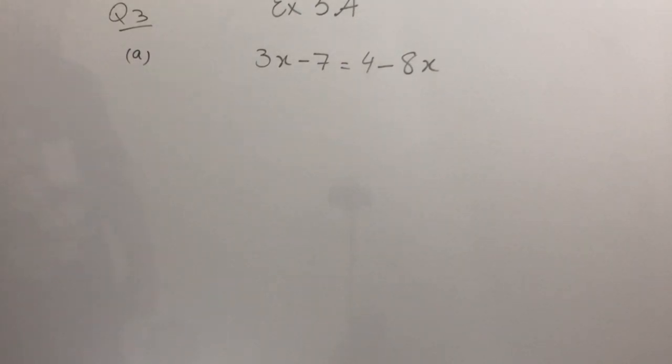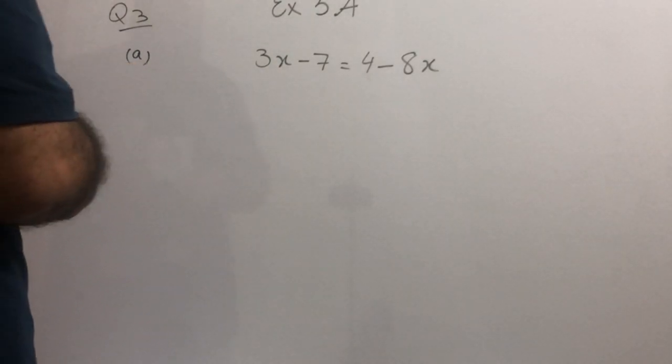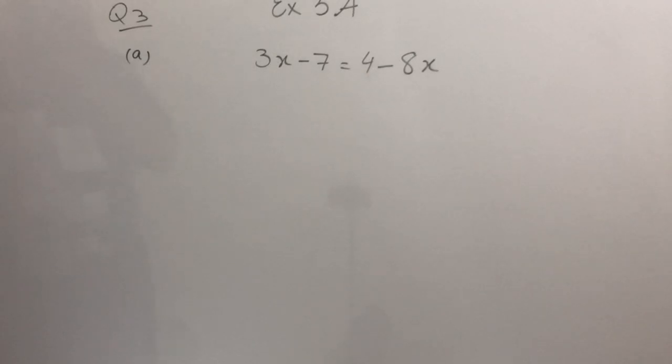For that, what you need to do is that x will be on one side of the equation and other things should be on the other side of the equation. For that, let's start doing this.